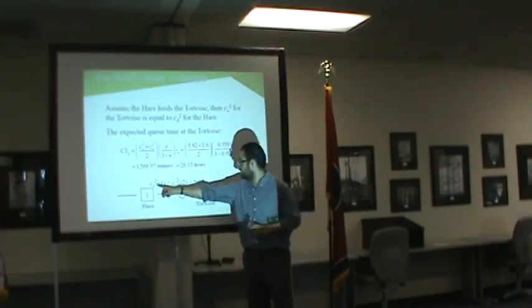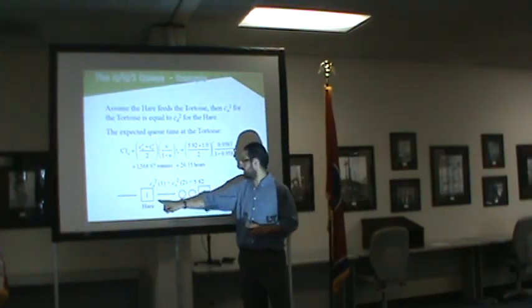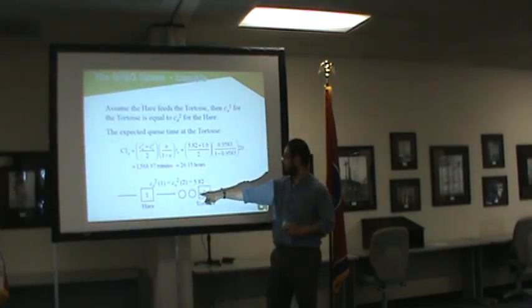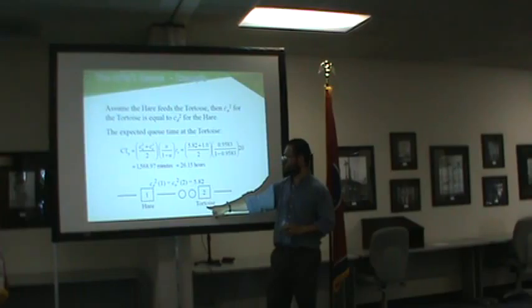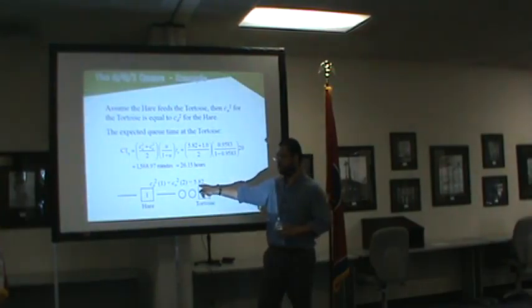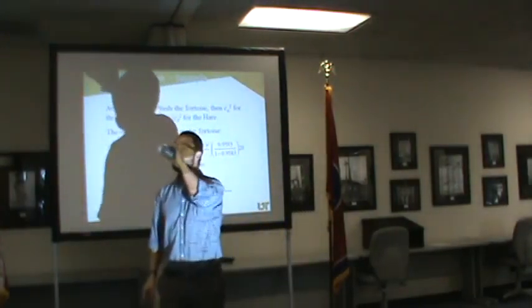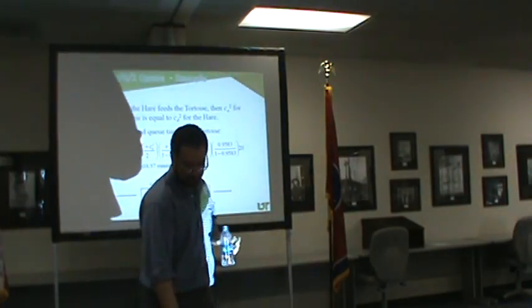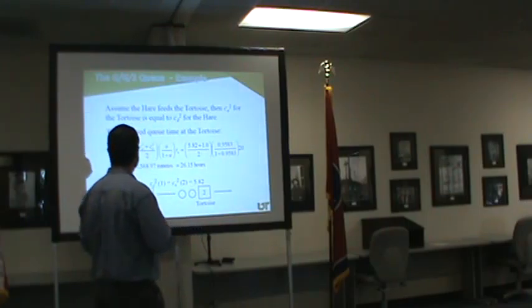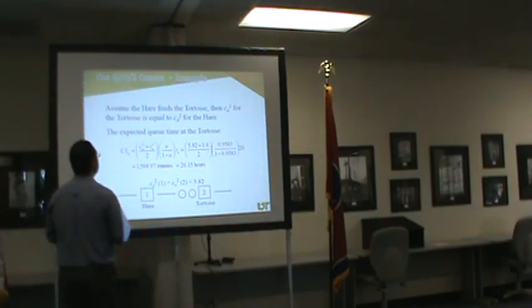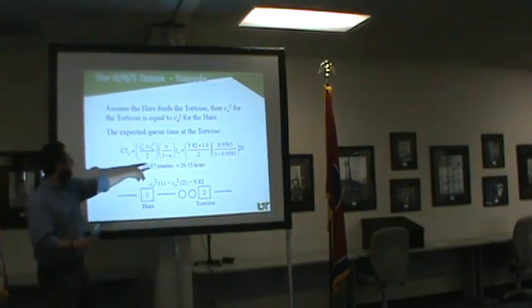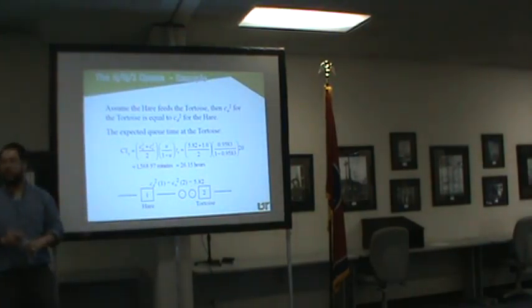So that means that the coefficient of departure squared of the hare equals the coefficient of arrival of the tortoise, right? Which was what? 5.82. So the Q between this and this is 26 hours, right?